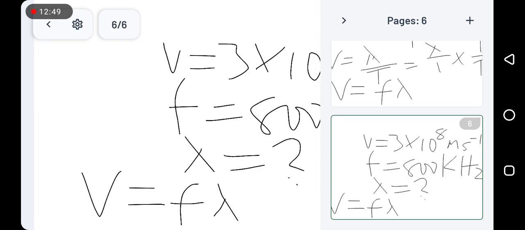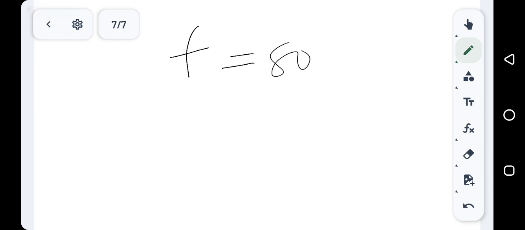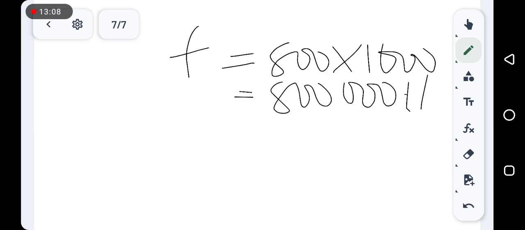Therefore, our F is equal to 800 times 1000, which is equal to 800,000. We have converted the frequency from kilohertz to hertz. Now we put it in the formula to solve.